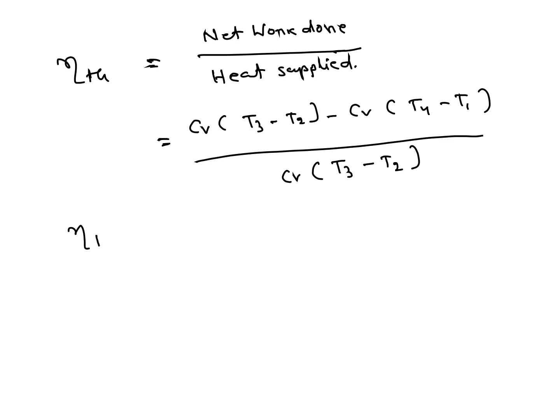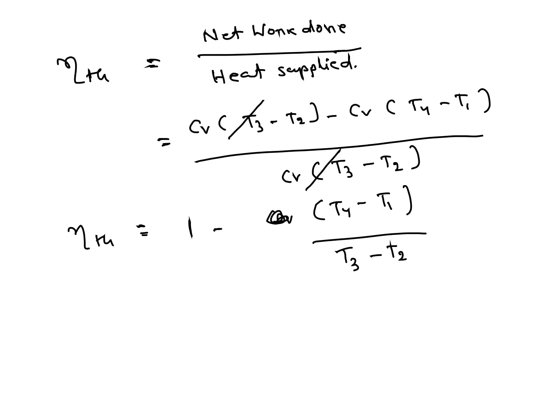So thermal efficiency equals 1 minus, Cv also cancels, (T4 minus T1) divided by (T3 minus T2).